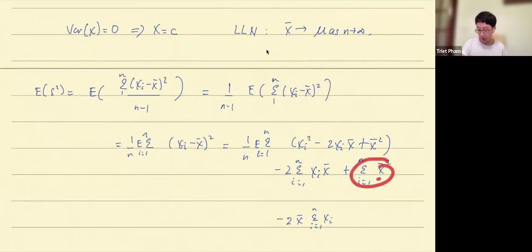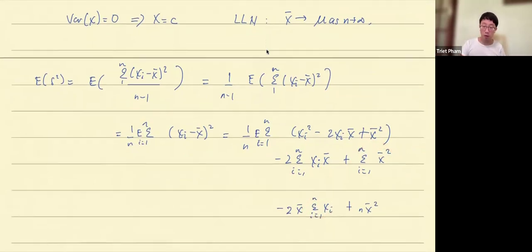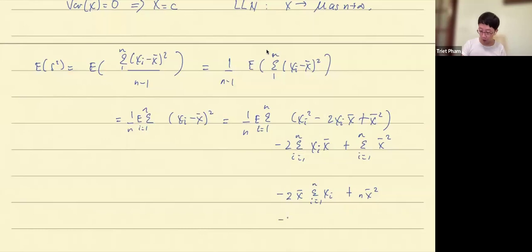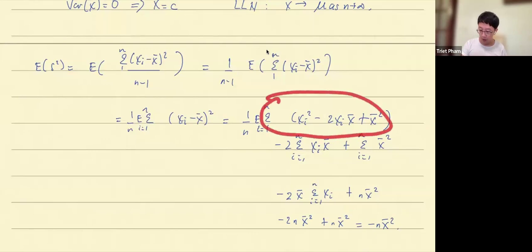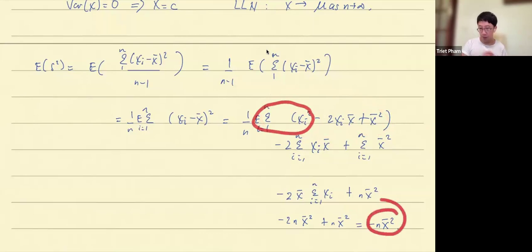And this is just n x bar, because x bar is a sample average. So this is 2n x bar squared. Do you understand? So basically this sum is the sum of xi squared minus n x bar squared.